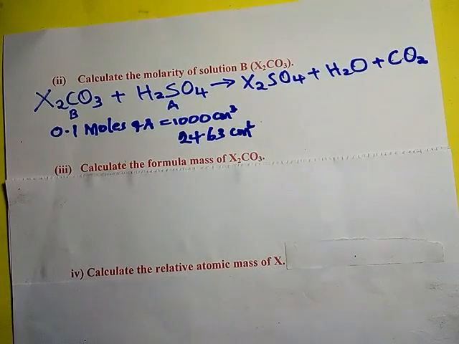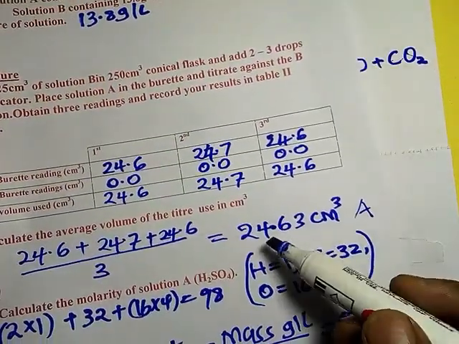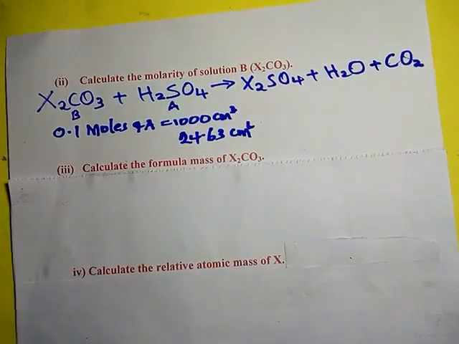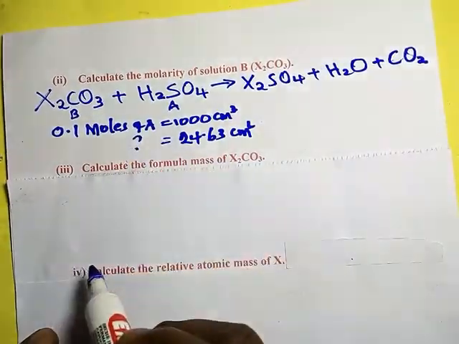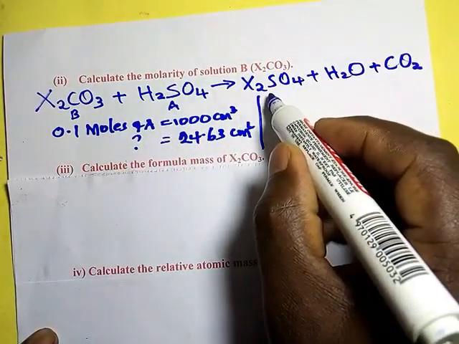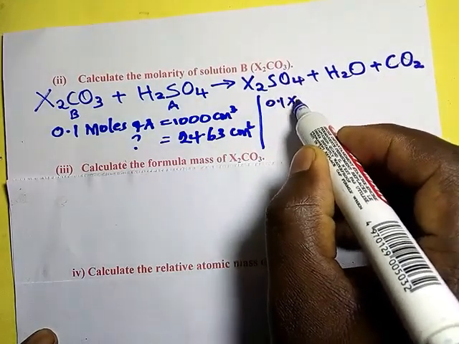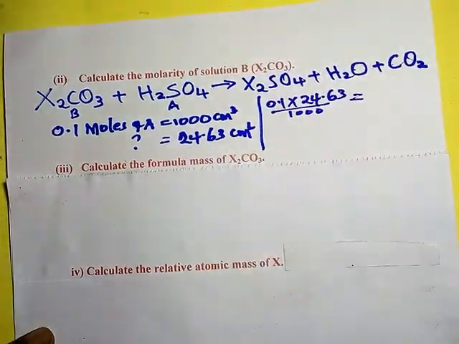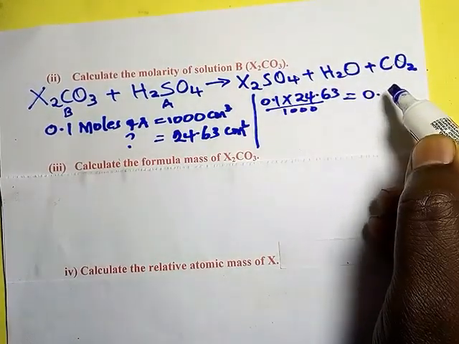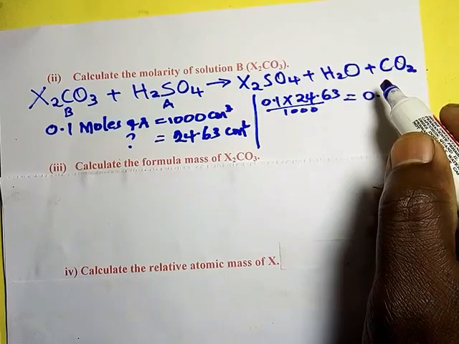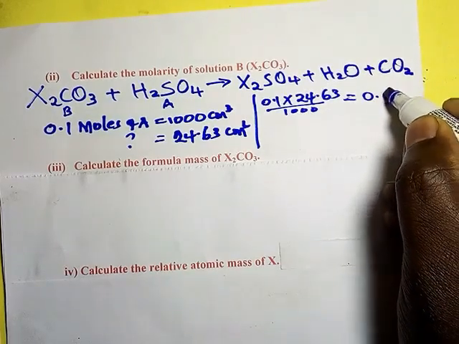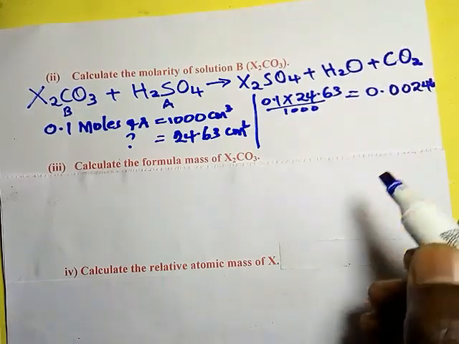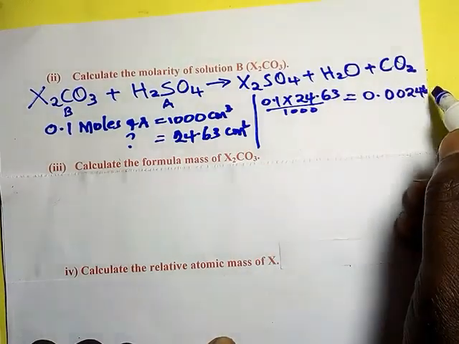You have to remember that 24.63 of solution A reacted with 25 of solution B. So it is this times this, which gives us 0.1 times 24.63 divided by 1000, and the answer is 0.00246.